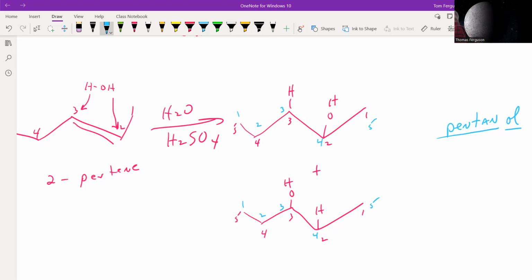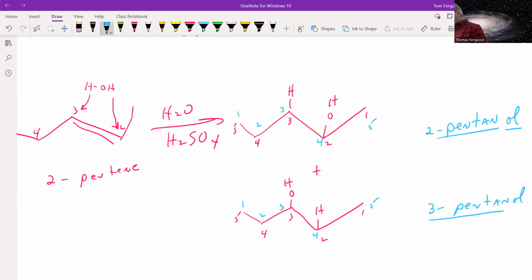So this is going to be a pentanol, and it's at position 2. So 2-pentanol. And this is going to be 3-pentanol. Okay, so we have a mixture.